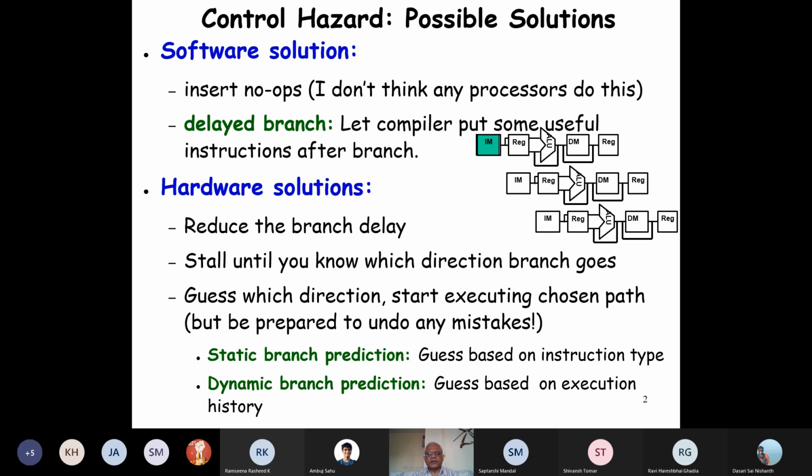So after every control statement, like jump and branch statements, for the simple MIPS processor that we are discussing, we need to insert two no-ops.